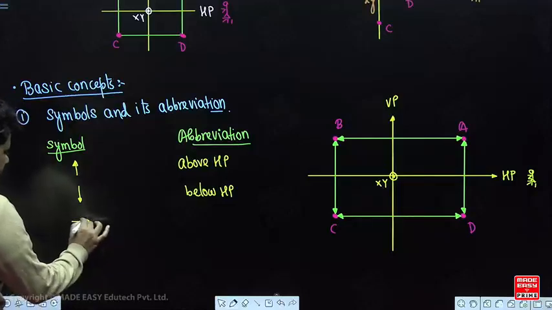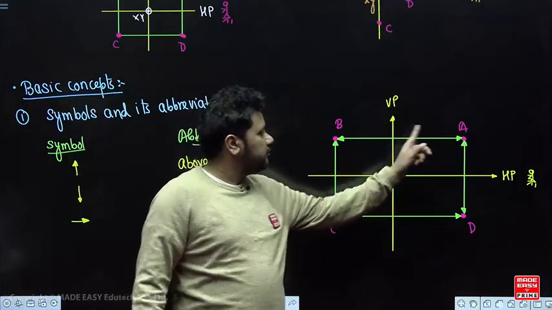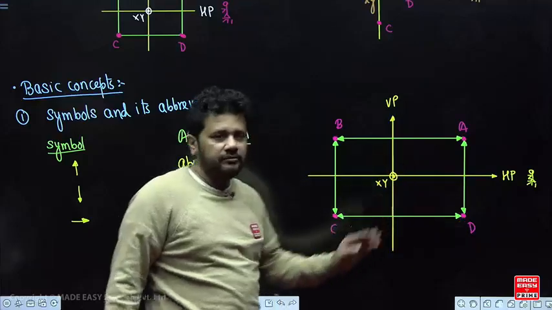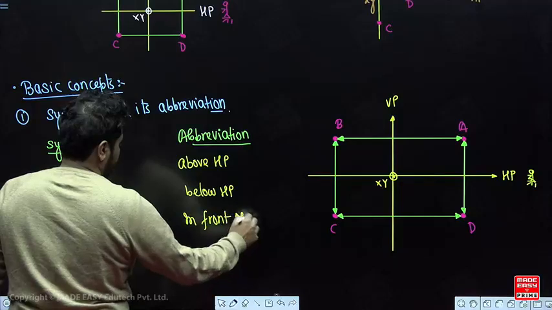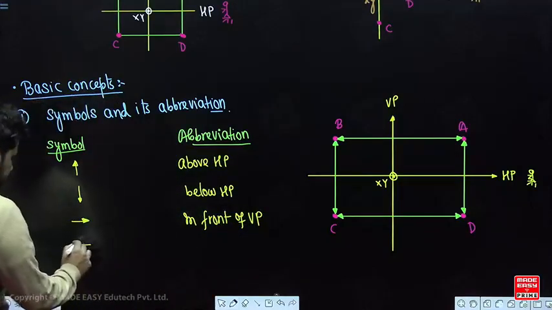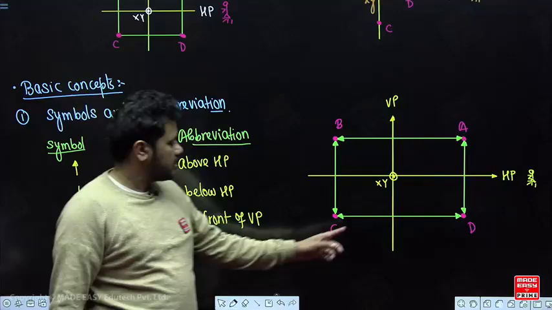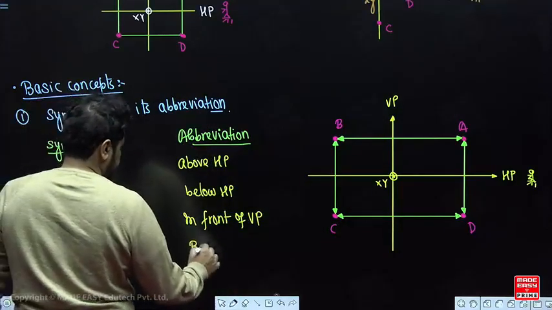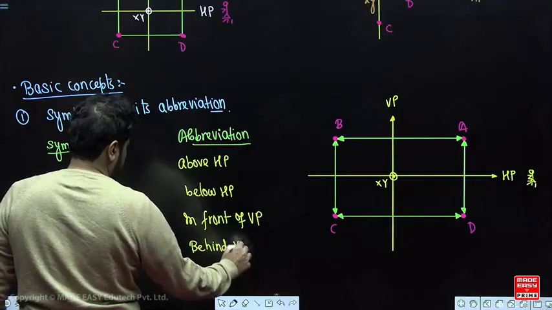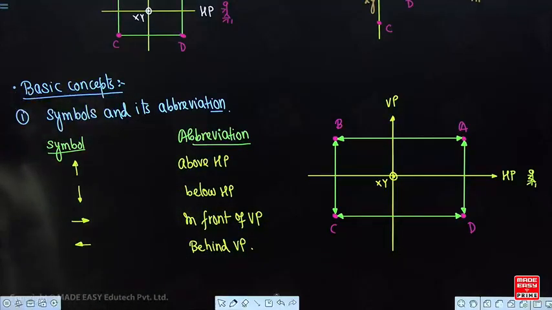Next, this arrow means in front of VP, in front of VP. Behind VP, behind VP. Correct?